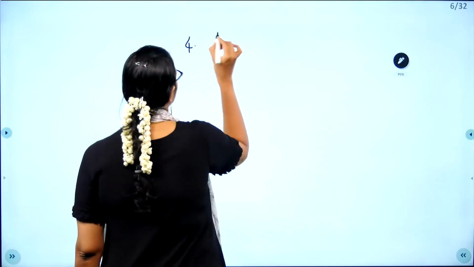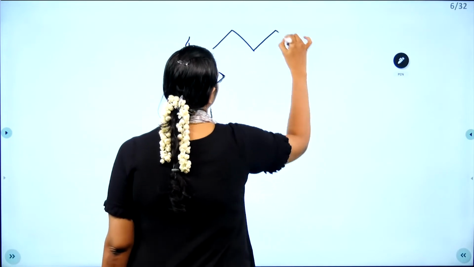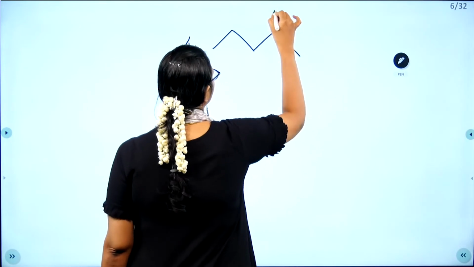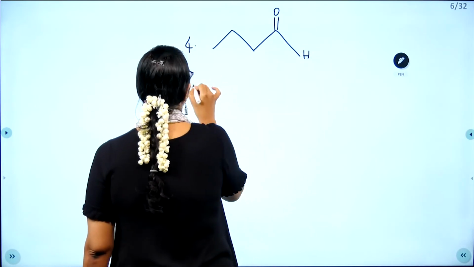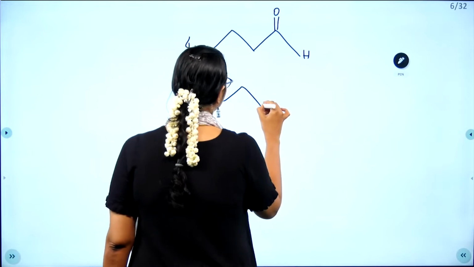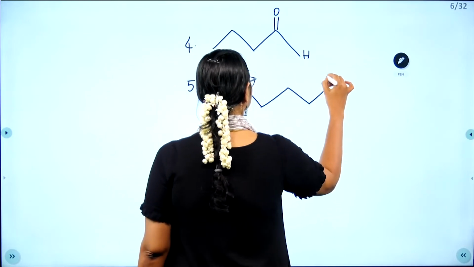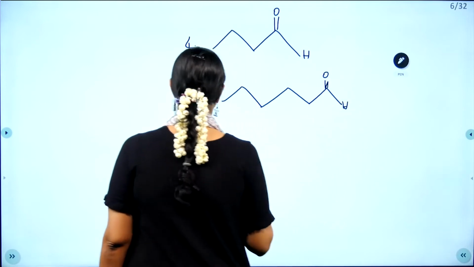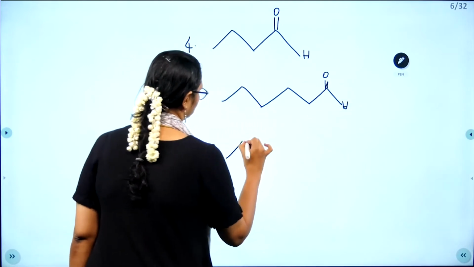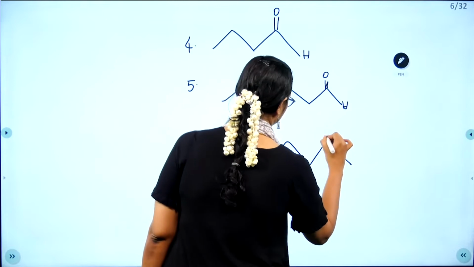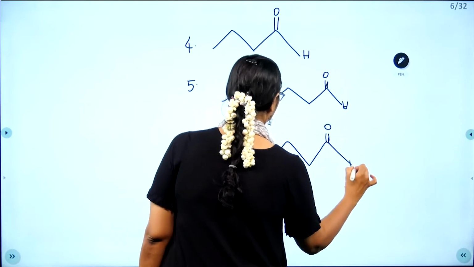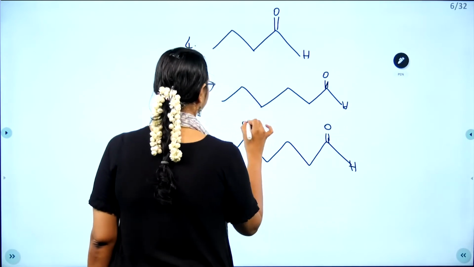Now I will switch on to the bond line formula. Try these names.